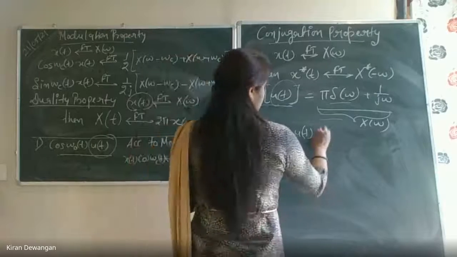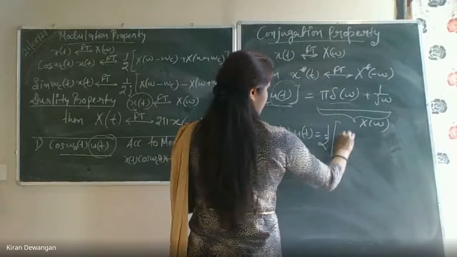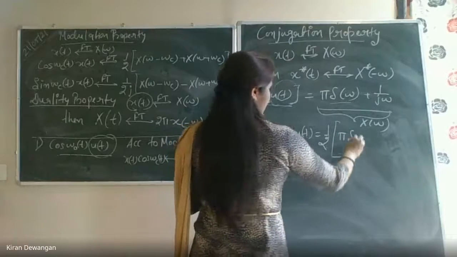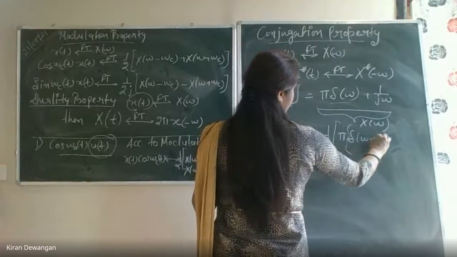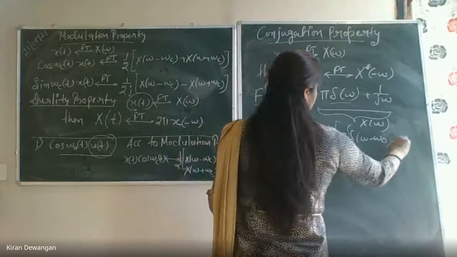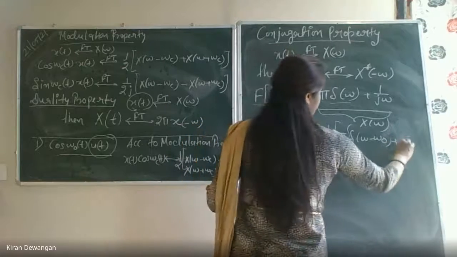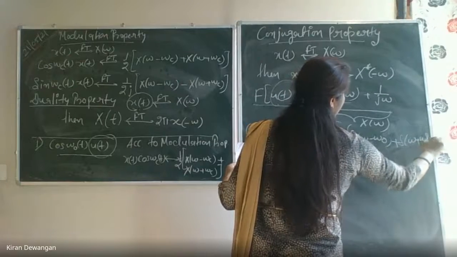That becomes 1 by 2, pi will be taken outside, that is then delta omega minus omega naught plus delta omega plus omega naught.